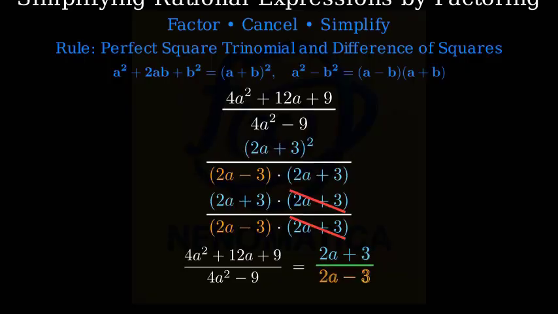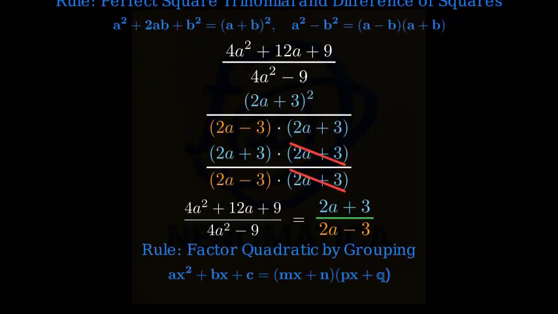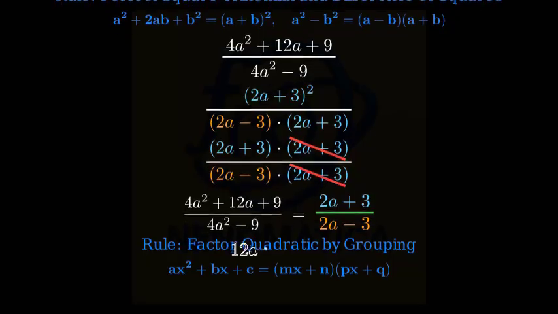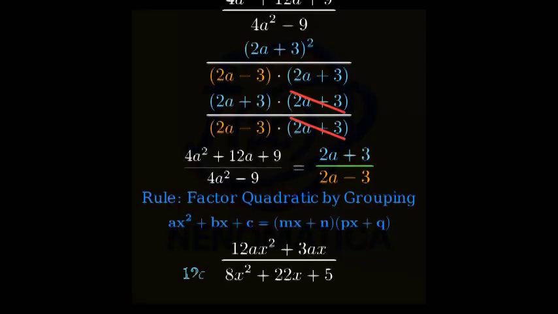Rule reminder: factor a trinomial ax squared plus bx plus c by grouping, so that it splits into open parenthesis mx plus n close parenthesis times open parenthesis px plus q close parenthesis. Example B. We simplify the fraction 12ax squared plus 3ax over 8x squared plus 22x plus 5. First, factor the numerator. Both terms share 3ax, leaving 4x plus 1. Now factor the denominator by grouping.